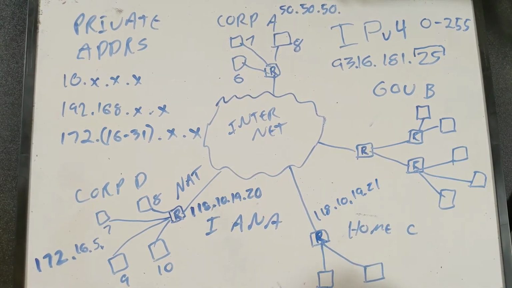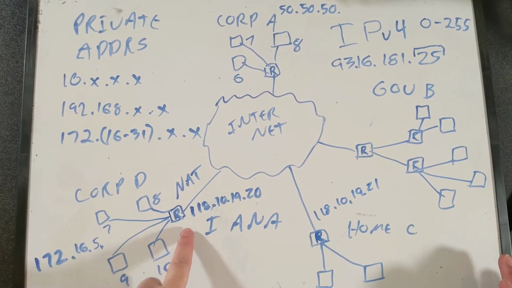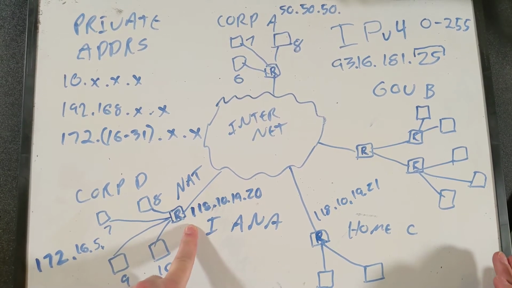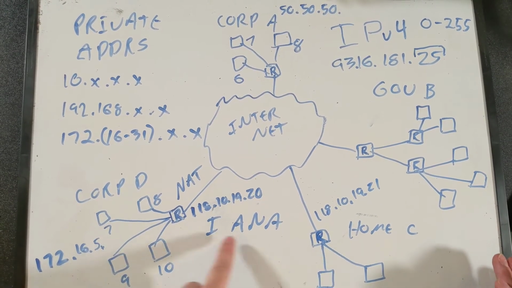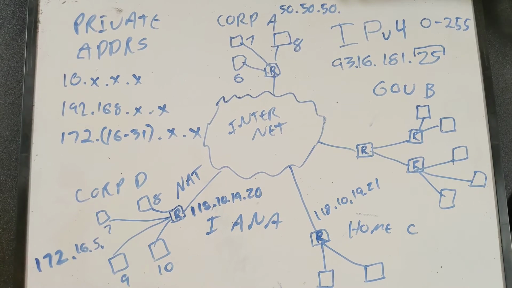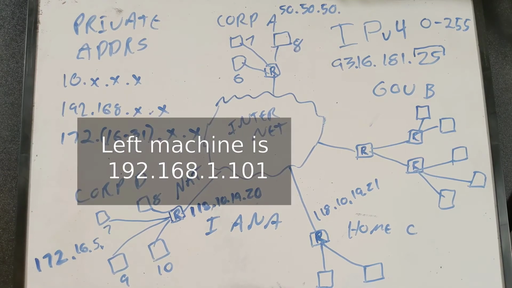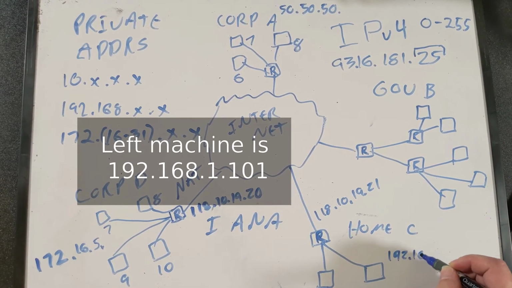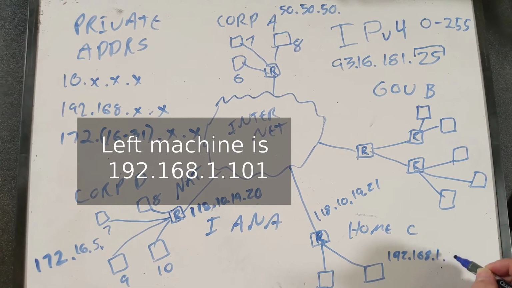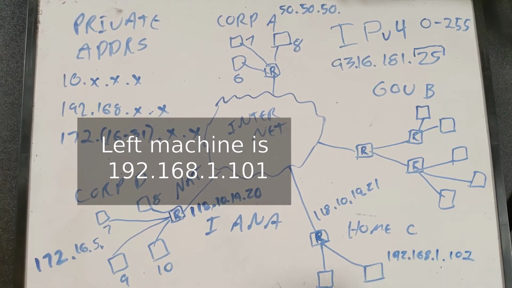118.10.19.21. It very well might be the next address immediately after this company's address. This means that these two have the same internet service provider. That's fine. But on this home network, the two machines are likely to be assigned the addresses 192.168.1.101 and then 192.168.1.102. 101 and 102.